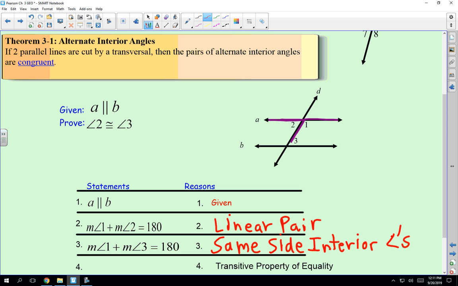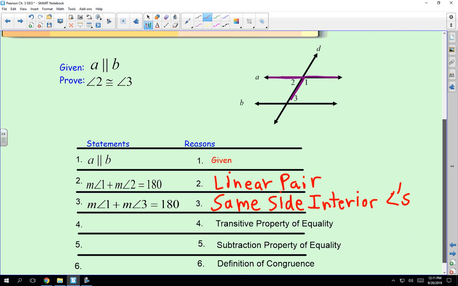And you can use the symbol for angles. We're assuming that we're talking about the postulate that is about same side interior angles. So measure angle 1 plus measure angle 3 equals 180 for that reason.